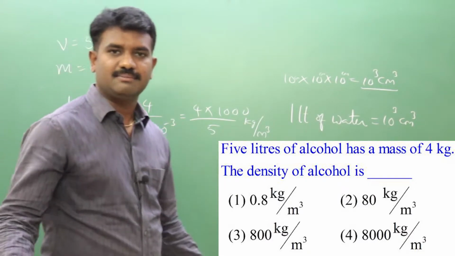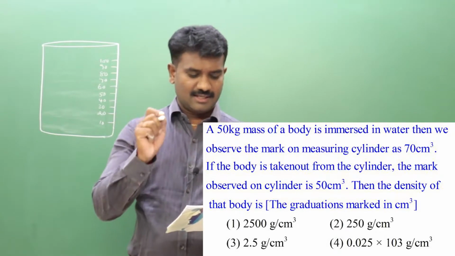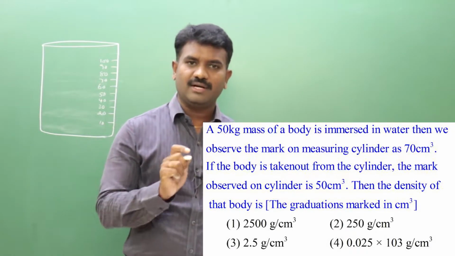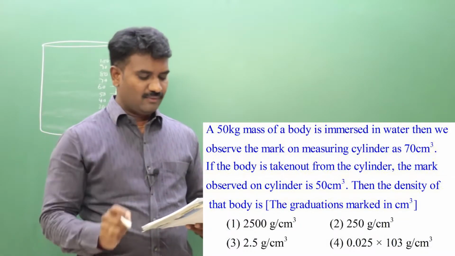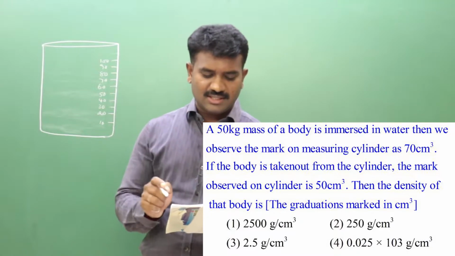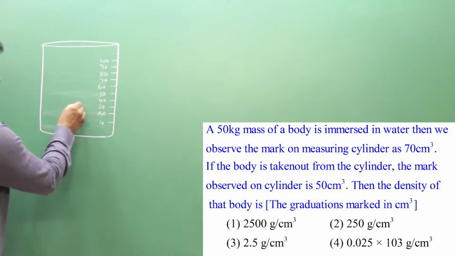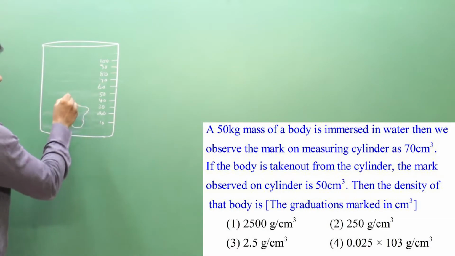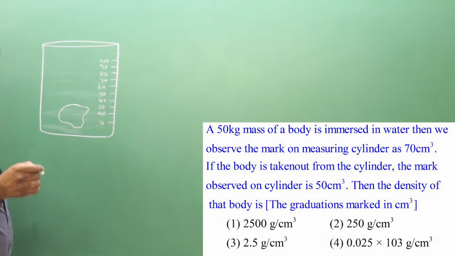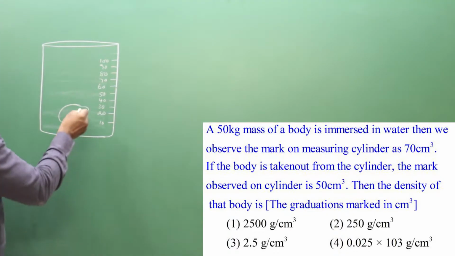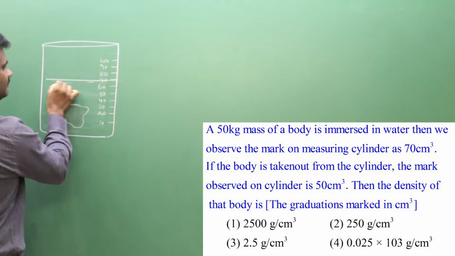That's all. Very simple. In the next problem, it is given that a body of mass 50 kg is immersed in water. Then we observe the mark of the measuring cylinder as 70 centimeter cube. See, a stone is immersed in the water and the reading in the measuring cylinder is up to 70 centimeter cube, up to here.